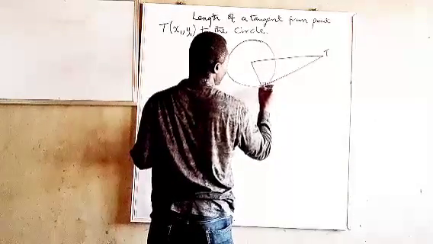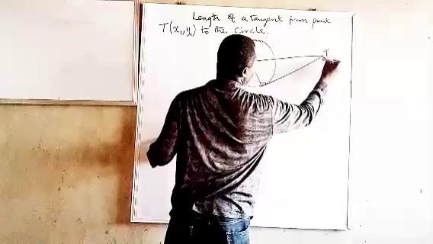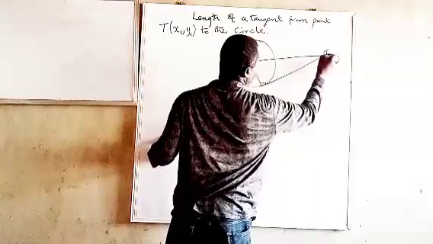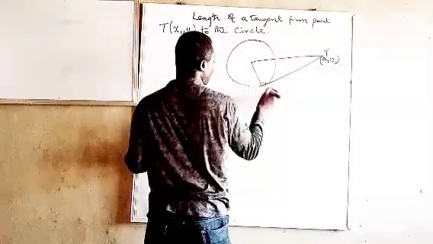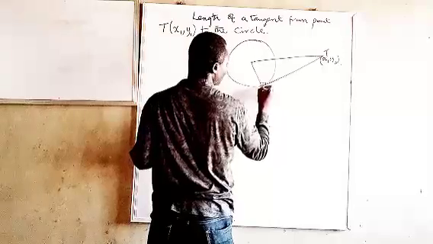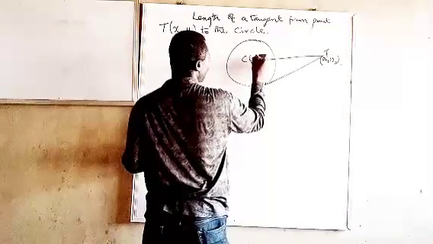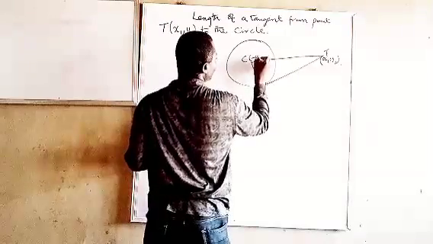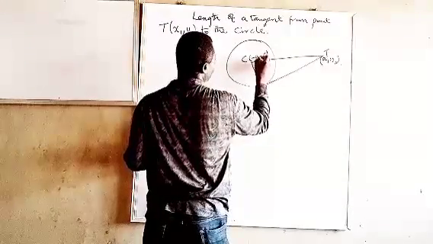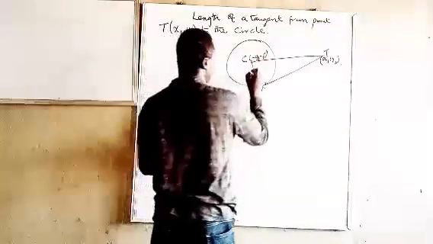So let this place be x1 y1. Let's say this one is P, this one is C, the center, and we have this place as minus g, minus f. This place is R.